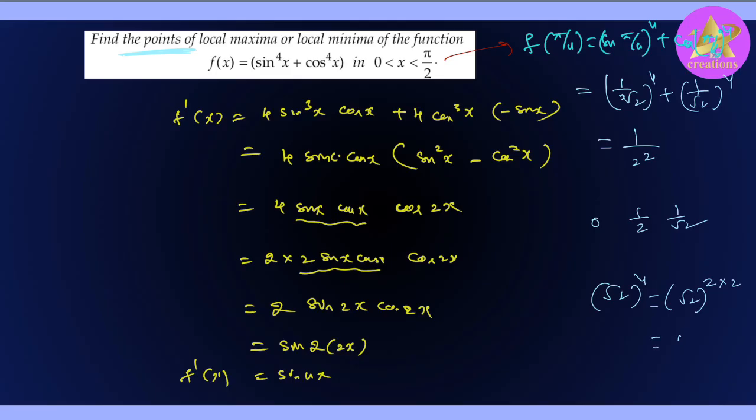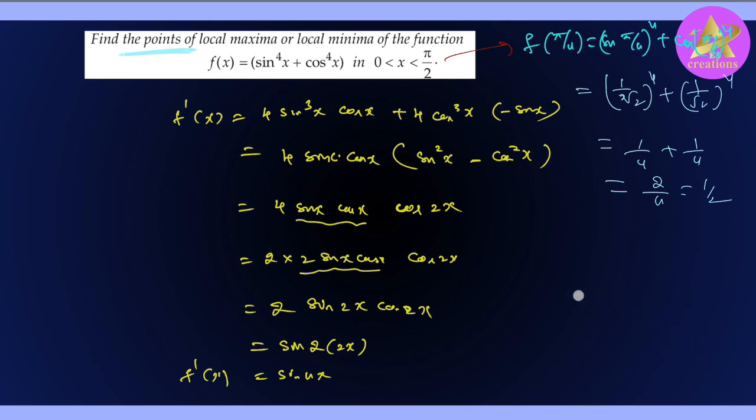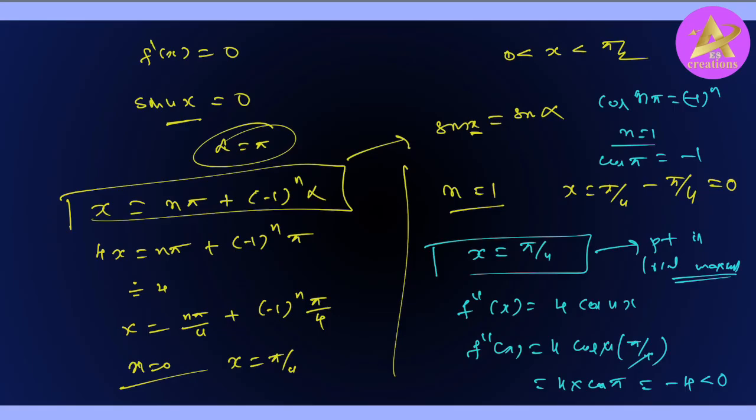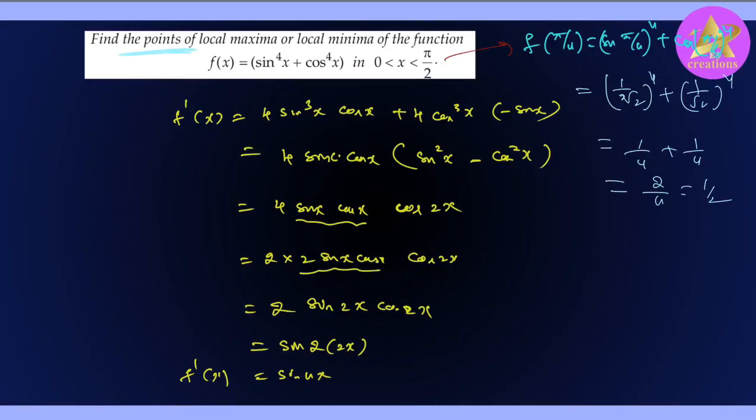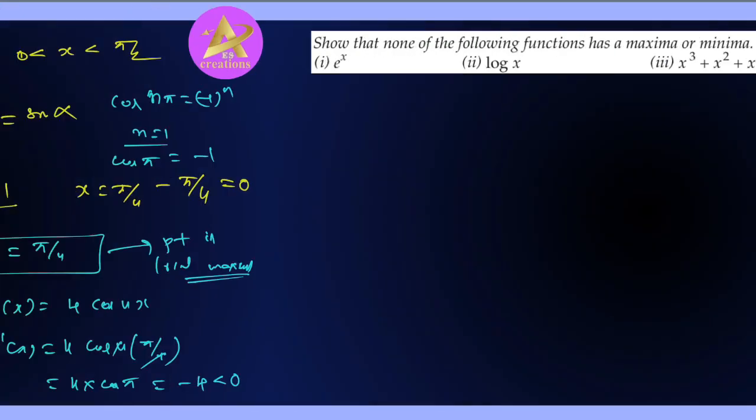Square root gets cancelled, we get 2 square, which is 4. So 1 by 4, here also we get 1 by 4. Finally we get 2 by 4, that is 1 by 2. 1 by 2 is the value of the local maxima. Like this we have to solve for the values.